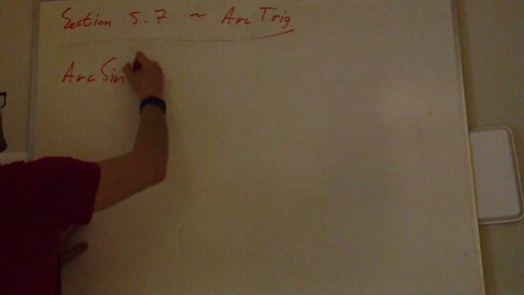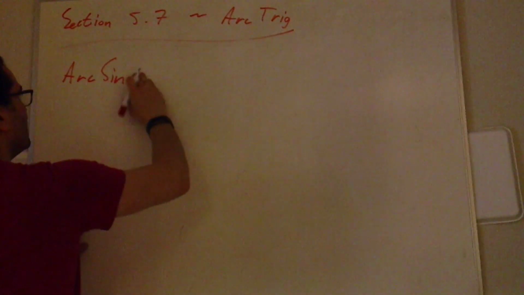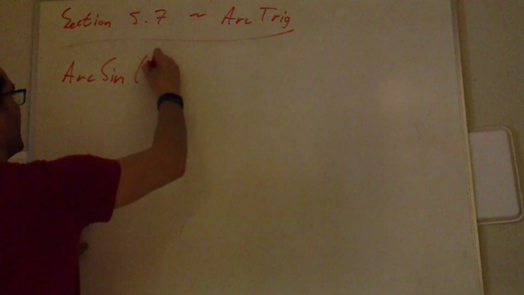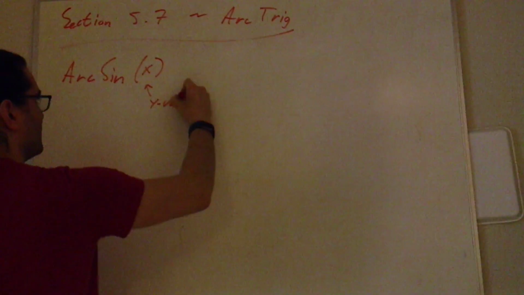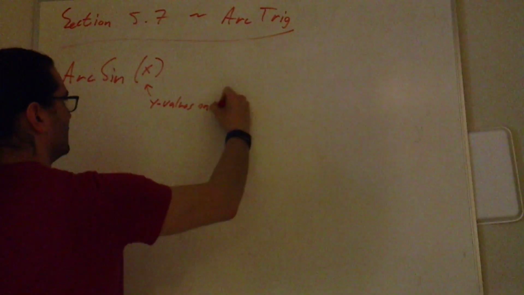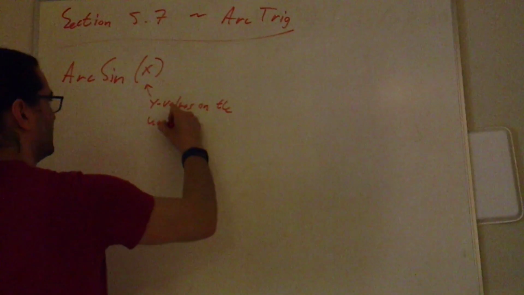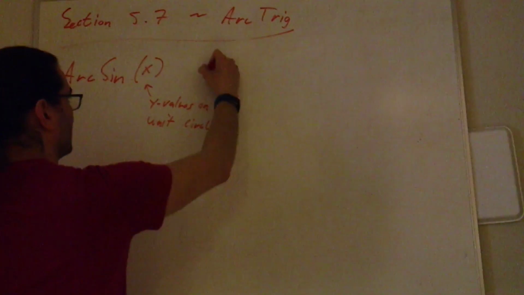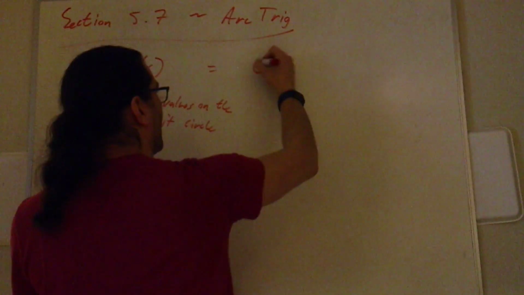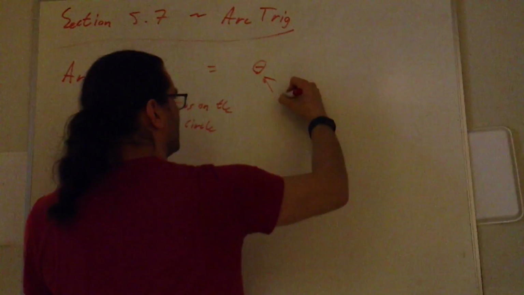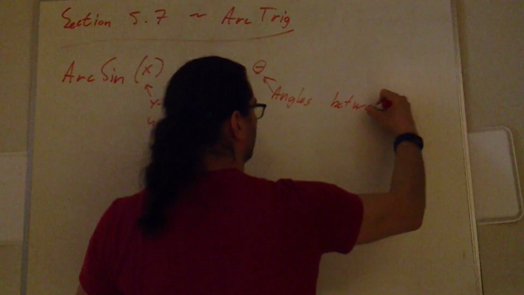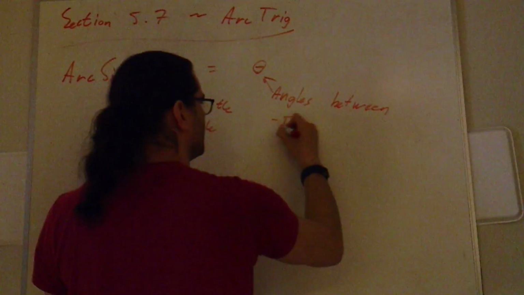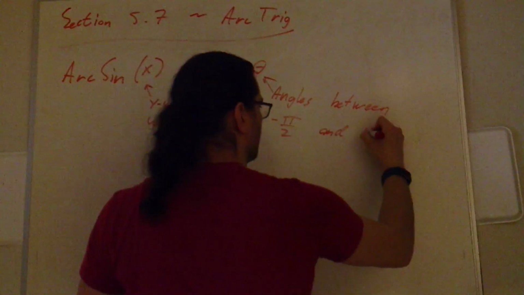Arc sine of x takes in y values on the unit circle and returns angles between negative pi over 2 and pi over 2.